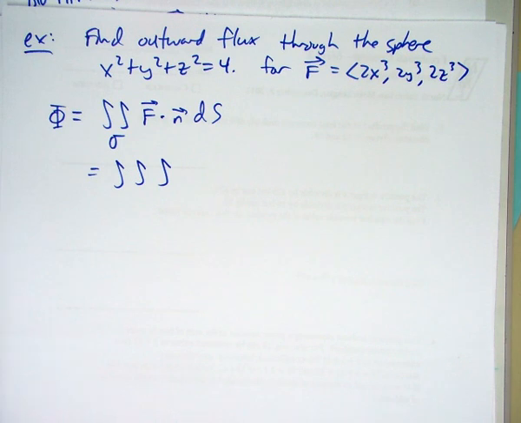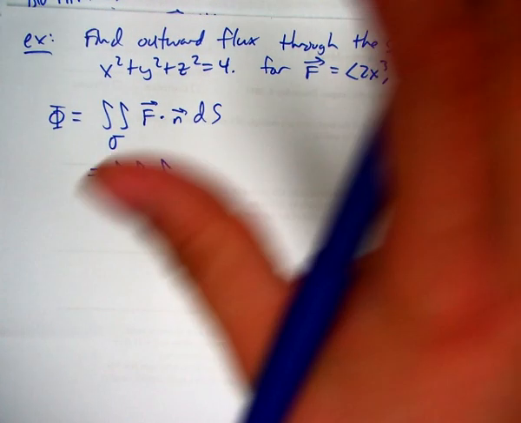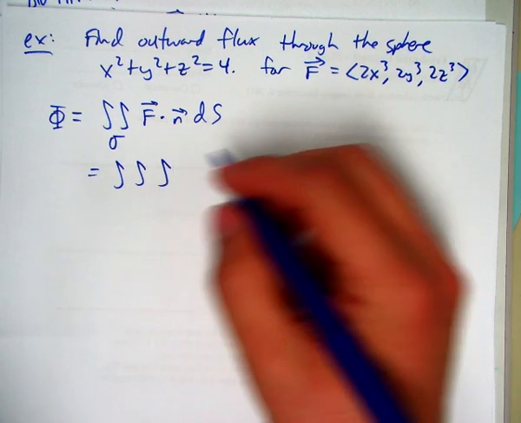Try not to switch to polar right away, because then it gets really confusing as to what the surface area formula should be. It becomes partial vector r over partial r crossed with partial vector r over partial theta, and anyway, that's awful. Set it up first, and then if it presents itself as something you can switch, do it.